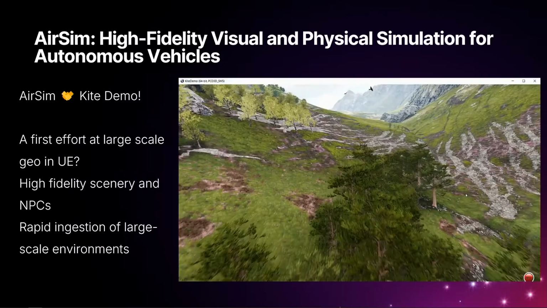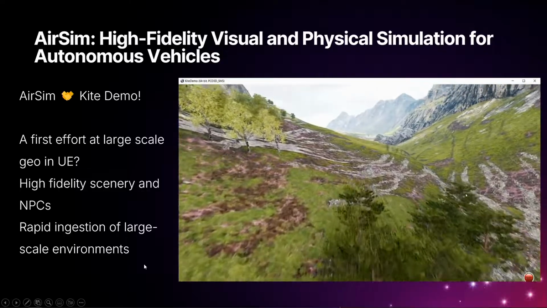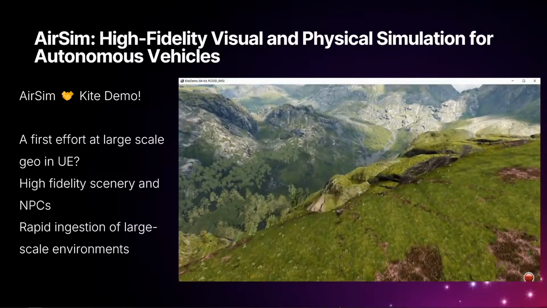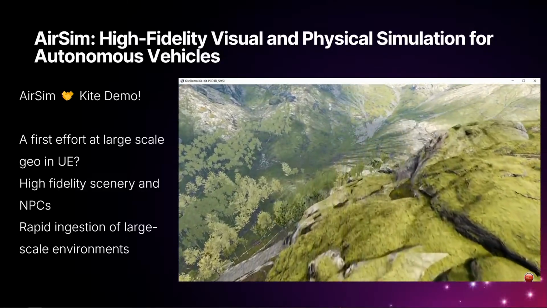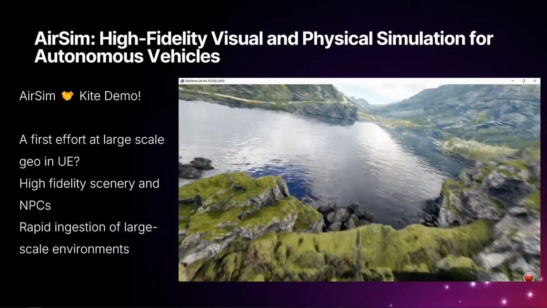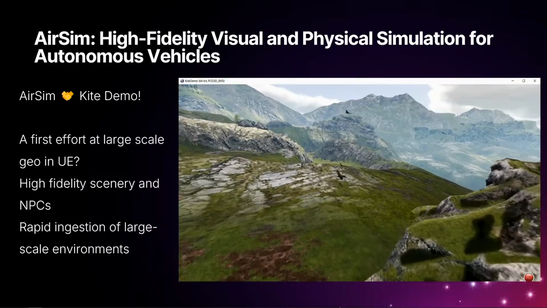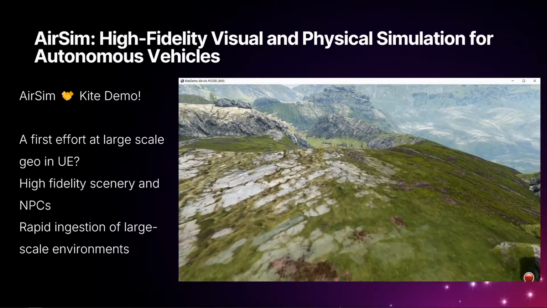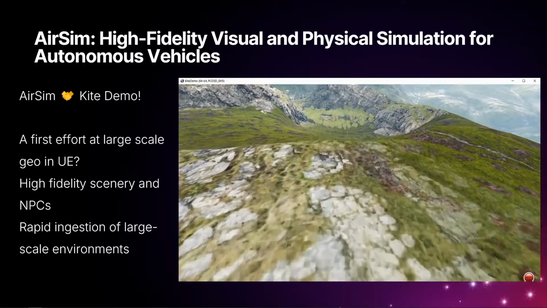And some of you might recognize this particular demo. This was the kite demo from, I think, 2015, 2016. And the first thing we did when we did AirSim was, OK, let's put this in the kite demo scene. Because it was probably one of the first efforts of a geo-referenced, very large-scale scene, which was amazingly good, right, for that time and day.